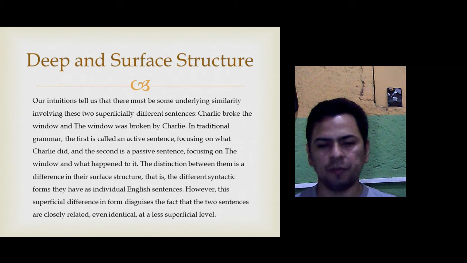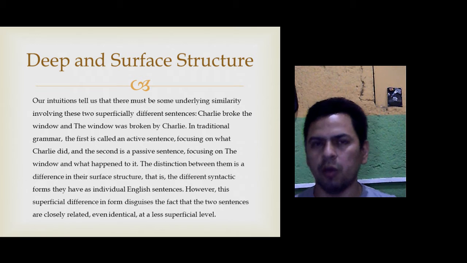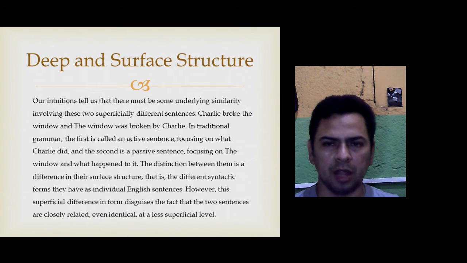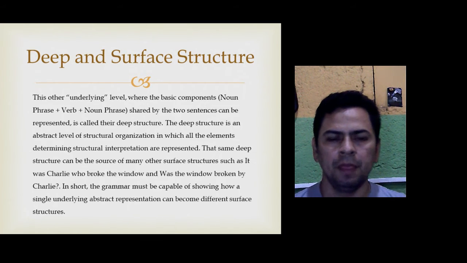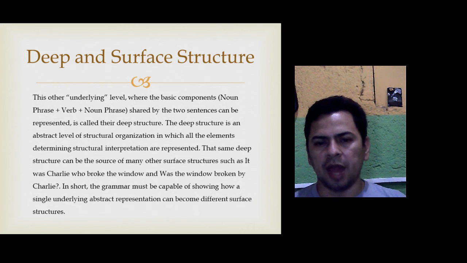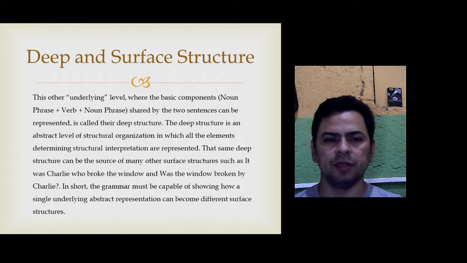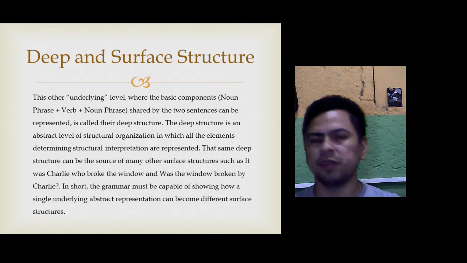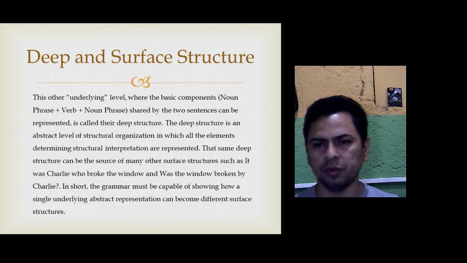However, this superficial difference in form disguises the fact that the two sentences are closely related, even identical, at a less superficial level. This underlying level, where the basic components, noun phrase plus verb plus noun phrase, shared by the two sentences can be represented, is called their deep structure.